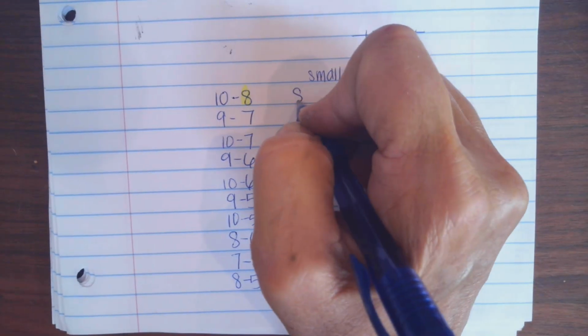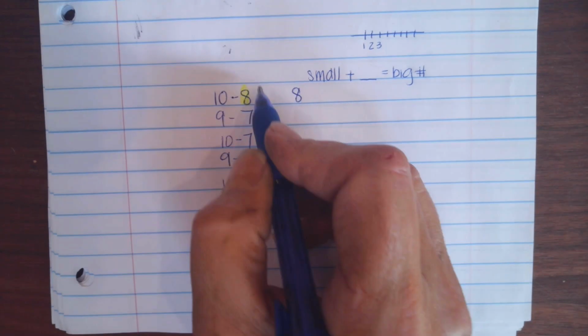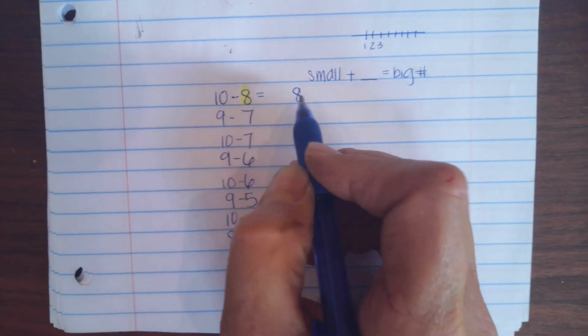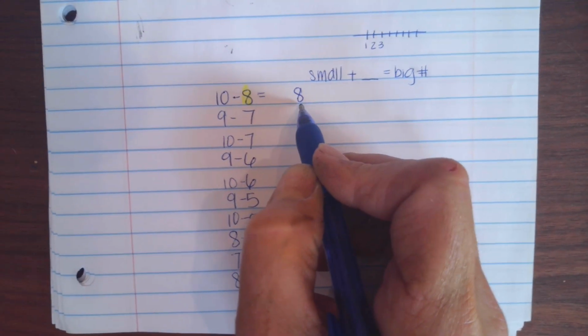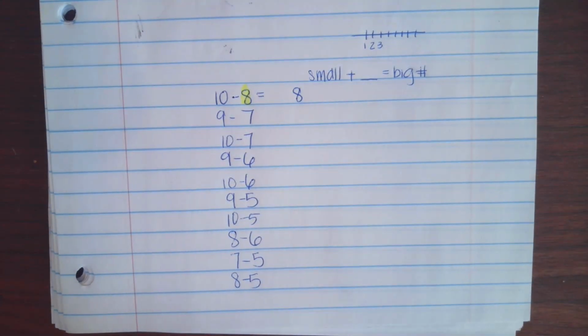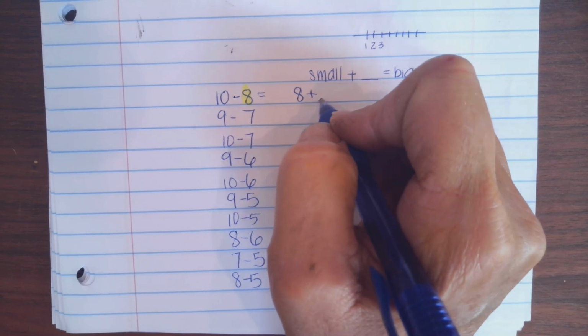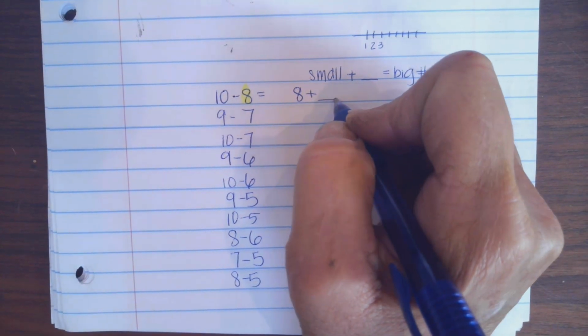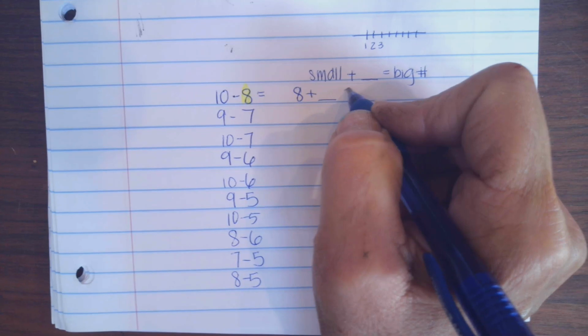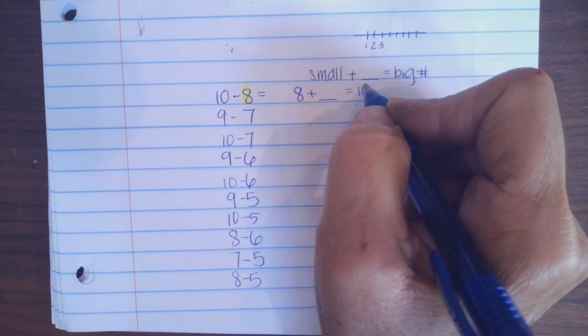So on your paper, you're going to write 10 minus 8, and then next to it, we're going to take the small number, which is 8. We're going to put our addition sign. We're going to put a blank line equals the big number.